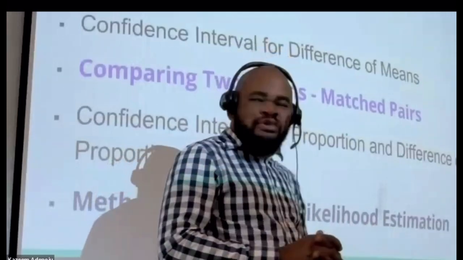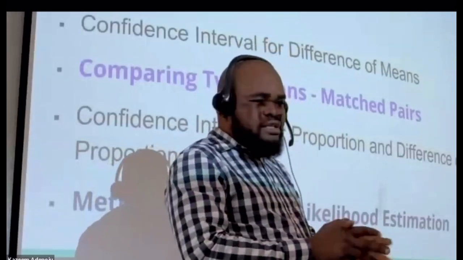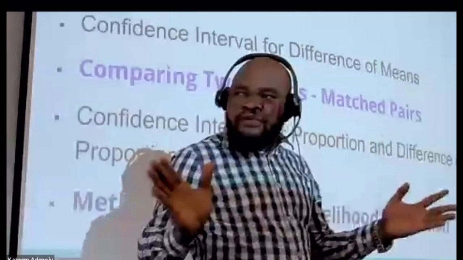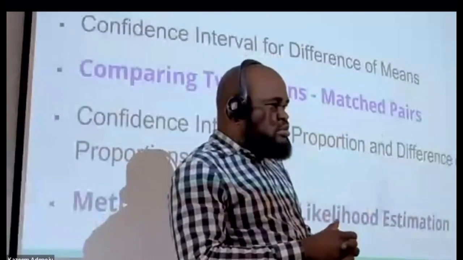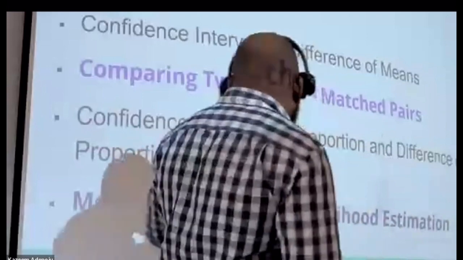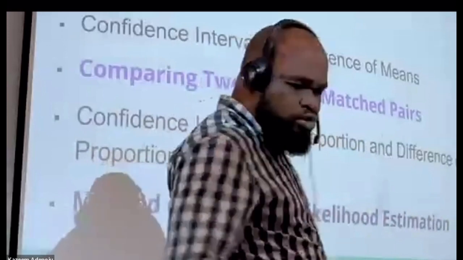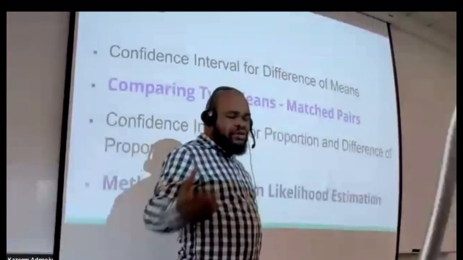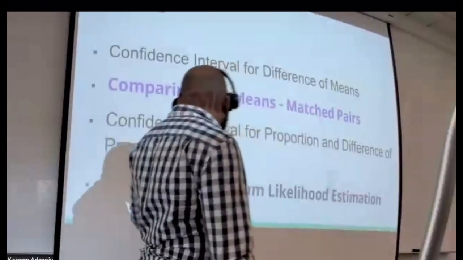Then how do we also construct confidence interval for proportion for one population and for difference of proportions when two populations are involved? And of course, lastly, I'm going to walk you through the method of estimation that I call the method of maximum likelihood.